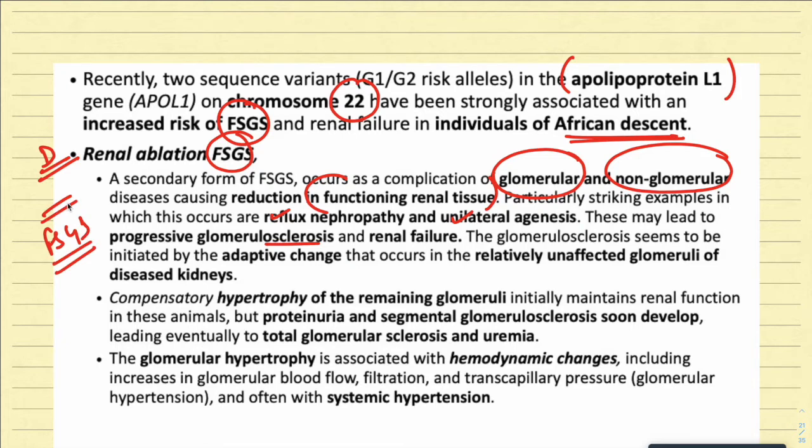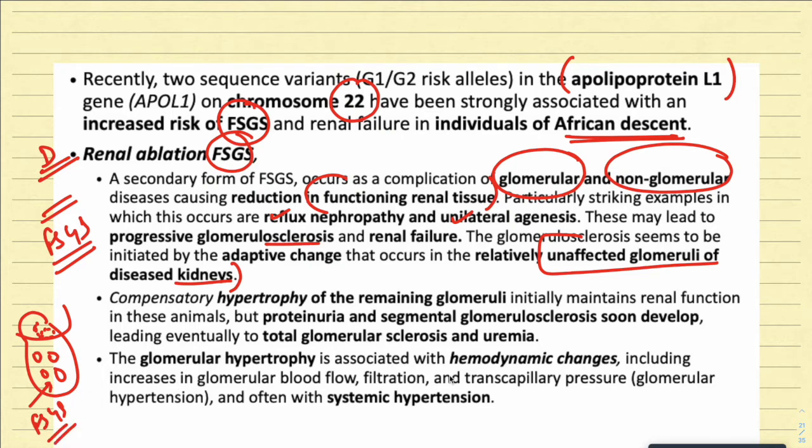Very important, this FSGS basically occurs in the unaffected glomeruli of the diseased kidney. For example, if this is the kidney, these glomeruli are healthy, only these glomeruli are bad. Once this entire tissue is lost, you will see that the remaining glomeruli will undergo FSGS, and this remaining portion is basically the unaffected part of the kidney.